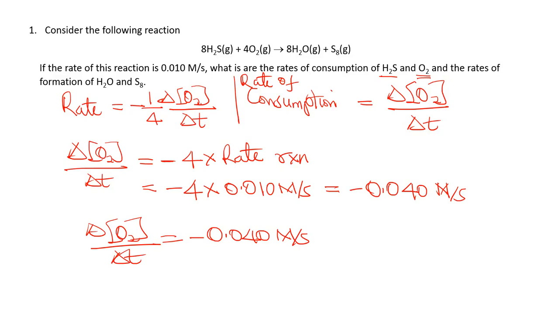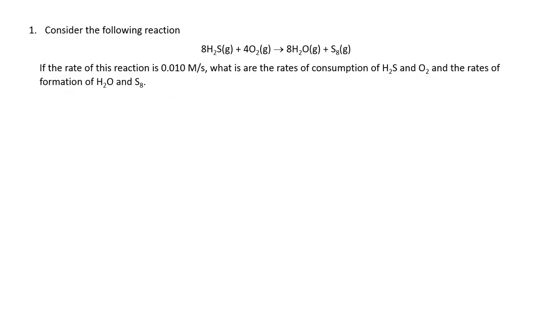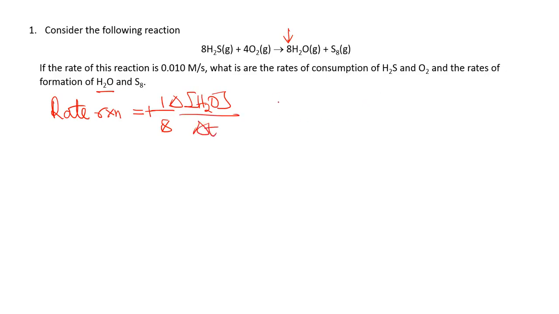Now let's go on and look at the rate of formation of water. What is the rate of formation of water? We look at this and we see that we have a coefficient 8 here. That's what we are going to use. As usual, we say rate of reaction is equal to 1 over 8, and you can add plus here if you want, 1 over 8 change in concentration of water over change in time.